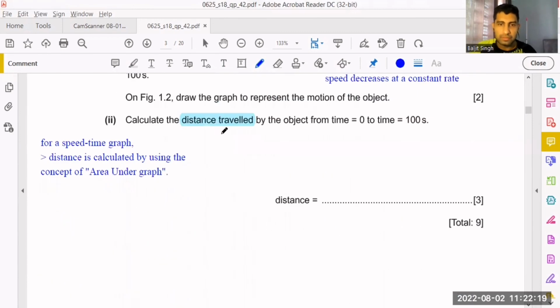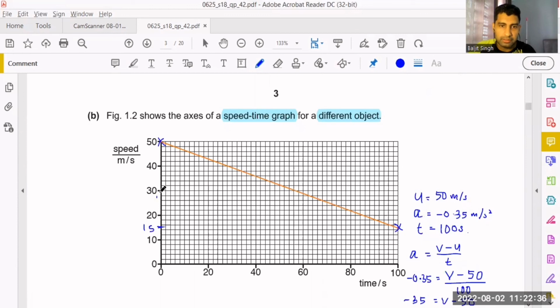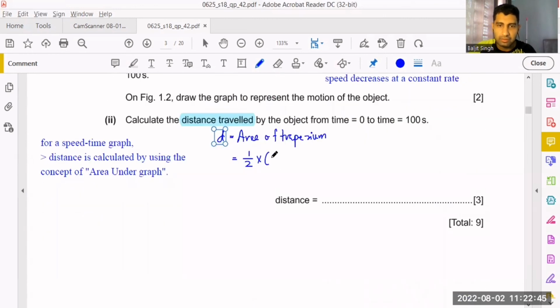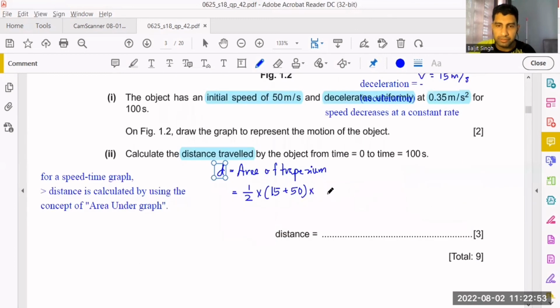Okay, so distance traveled will be equal to the area of the trapezium. The area of a trapezium is given by 1/2 times the sum of the two parallel sides. The two parallel sides will be this side and this side, which are 50 and 15. This value here is 15, and the other side here is 50. So 15 plus 50, multiplied by the height of the trapezium, which is from 0 until 100. So 100.